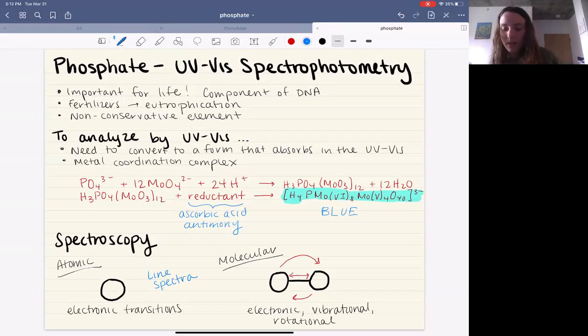Okay, the hollow cathode lamp is called a line source, and our absorption spectrum would just be at a single wavelength. However, with the molecules, now that we have these vibrations and rotations happening, our peaks get broadened.